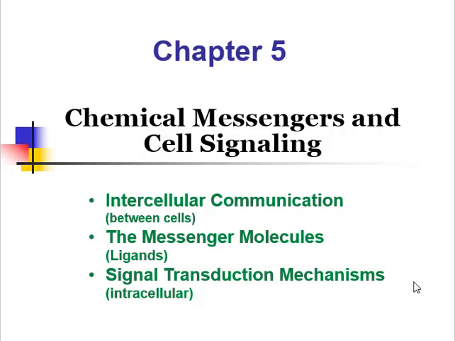Now let's look at how cells communicate with each other, and you can think of a tissue or an organ as we go through these different descriptions. So when cells are touching or in close proximity to each other, they can use structural features that help them talk to each other.